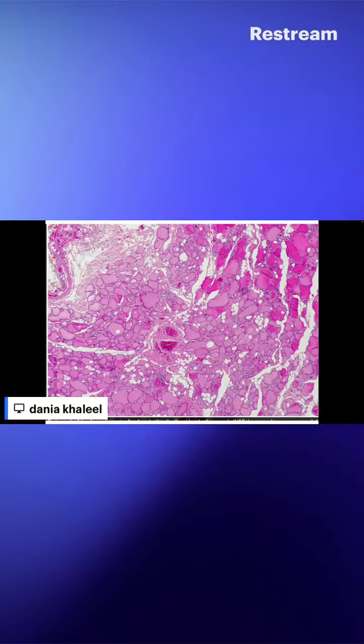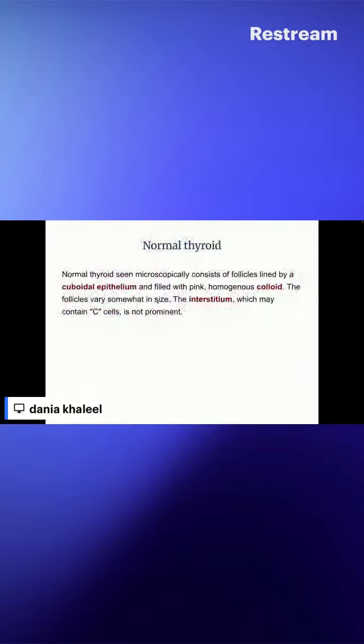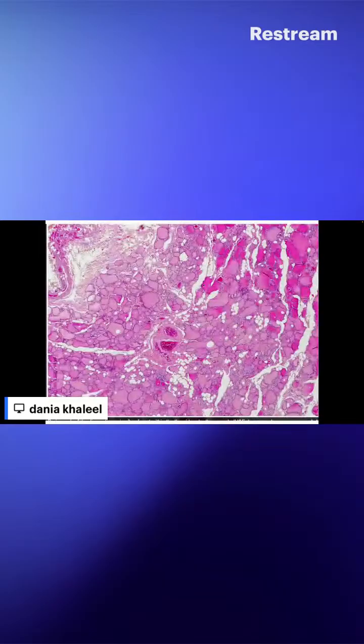You can't see the epithelium from here. The follicle itself can be a large macrofollicle, or flattened, but mostly it should be cuboidal epithelium. It is also filled with this pinkish material, which is the colloid.